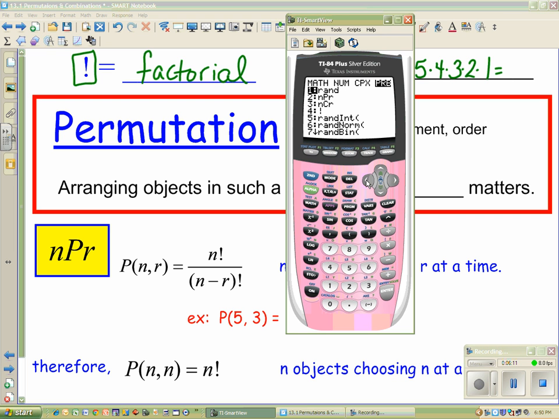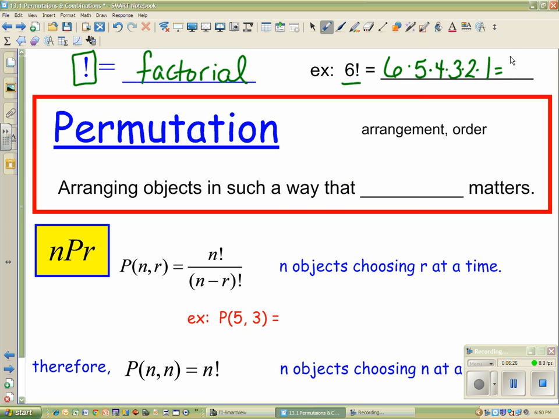So I'm going to cursor around and get to probability, and then you'll see option number 4 is the factorial symbol. I hit 4, it brought it onto the home screen. Now I hit enter, and there is our answer. 720 is what 6 factorial is. It's that downhill multiplication till I get down to 1.